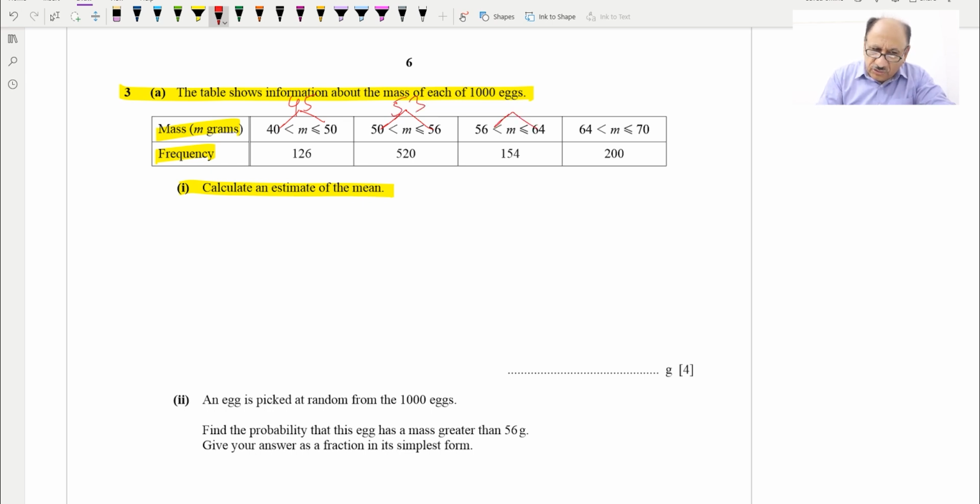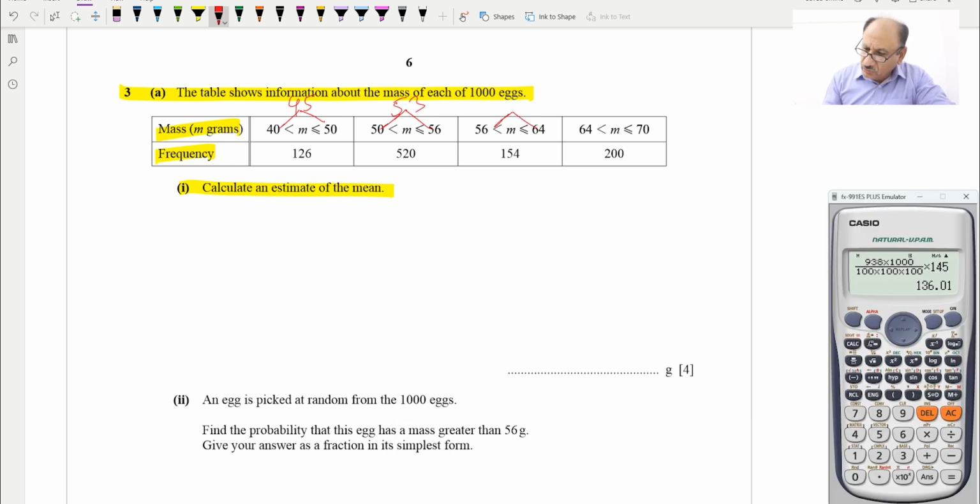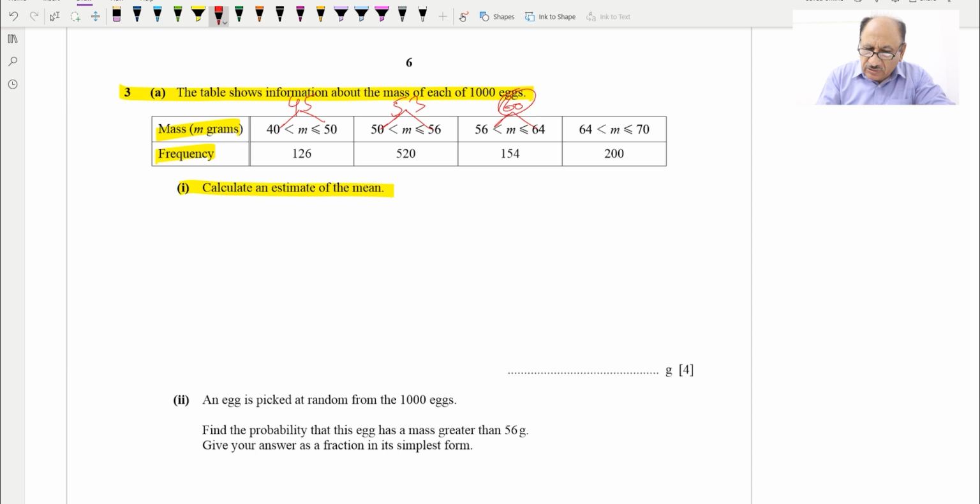And the middle of these two we can even calculate also. If you are confused, you can add 56 plus 64, divided by 2, equal to 60. So this will be 60. Similarly, the middle of these two will be 67, and now we know that mean is equal to sigma fx over sigma f.